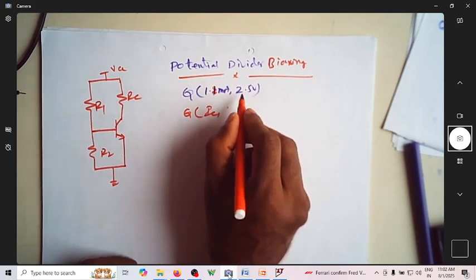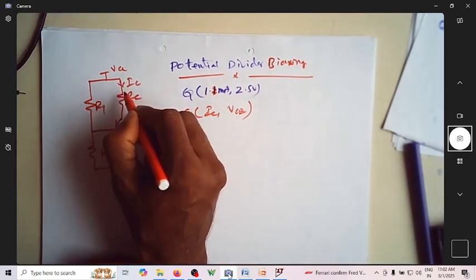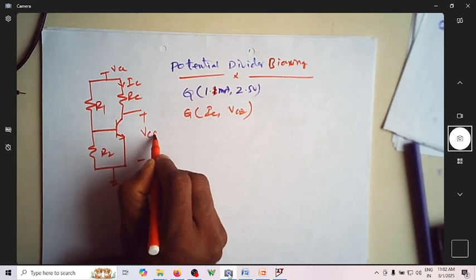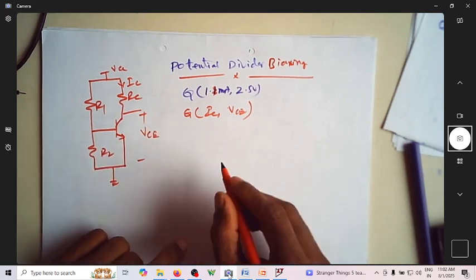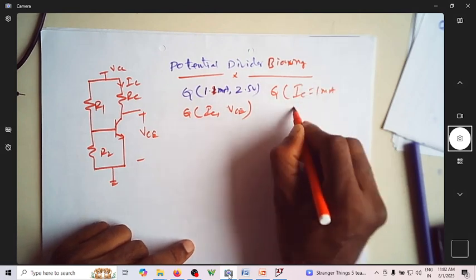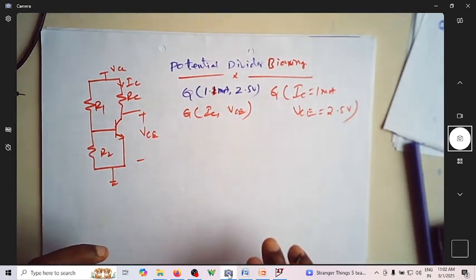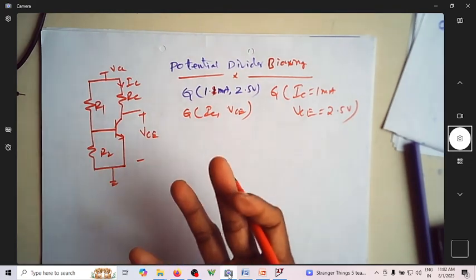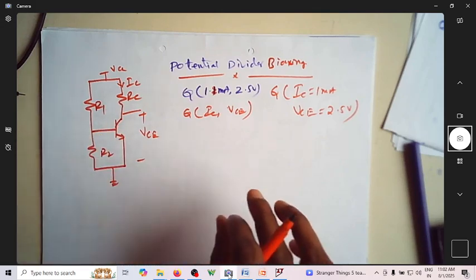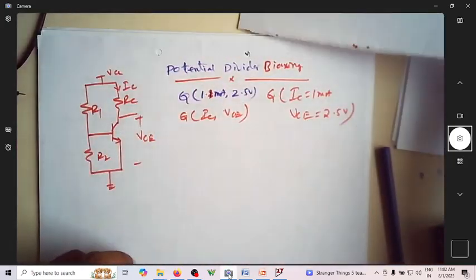So what is the current flowing through the collector terminal, and what is the voltage between the collector and emitter? I want to design a Q point of IC equal to 1 milliampere and VCE of 2.5 volt. Whenever we design, we have to have the specifications of the transistor. I have actually found the specification of the MOSFET by doing some simple experiment.